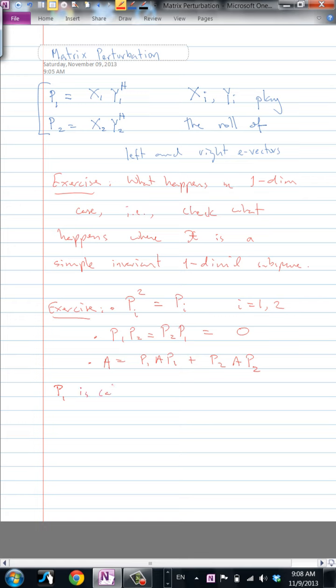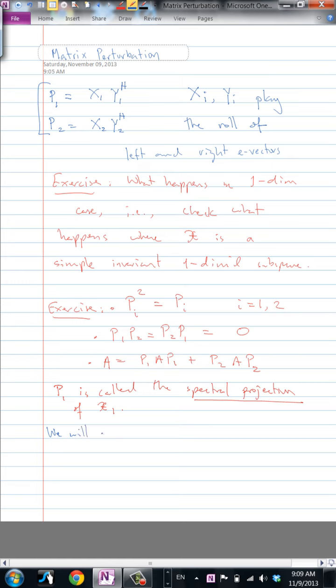And P1 is called the spectral projection of x1, and something that we'll explore in the homeworks is the following.